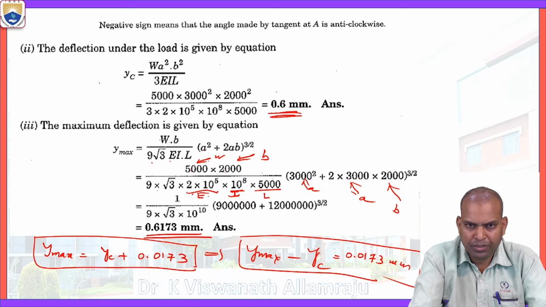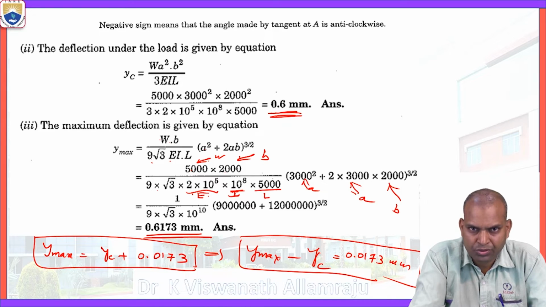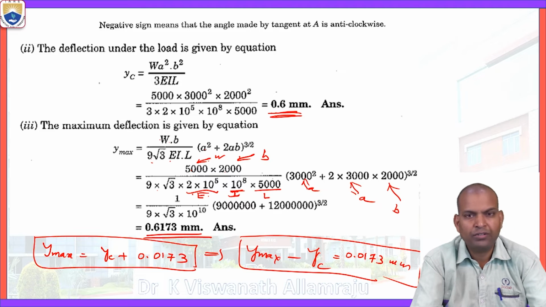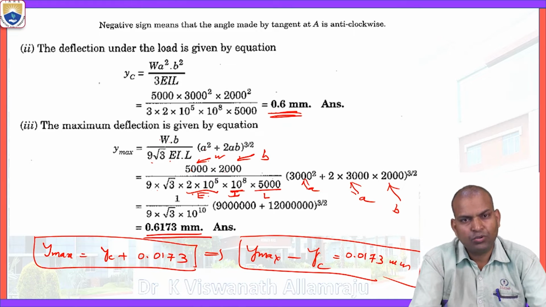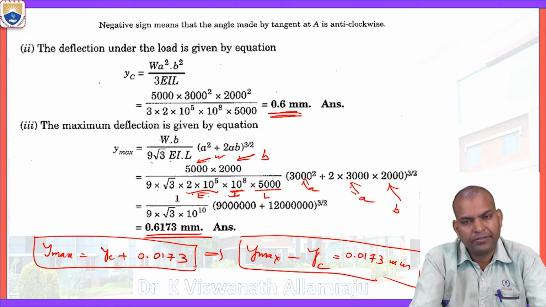So it's very simple. Once you remember and understand how the formula is derived, then it is just substitution of the known values to find the unknown value. The unknown values are output parameters, the known values are input parameters, and in between we get it by using the derived formula.